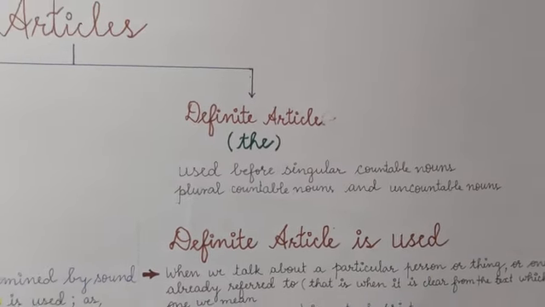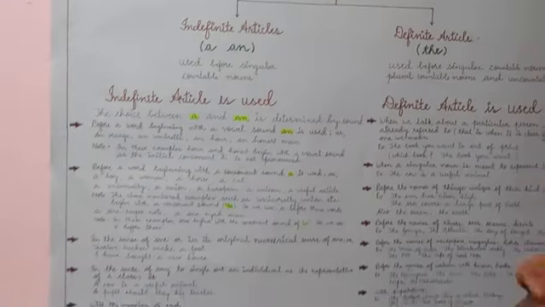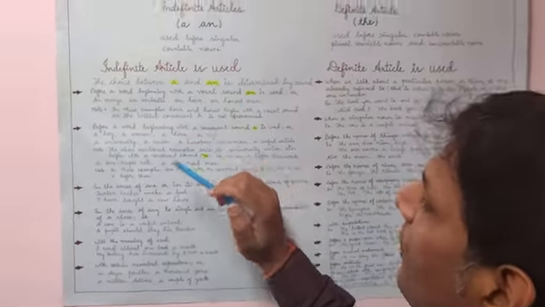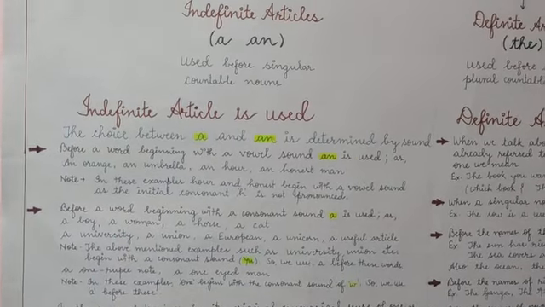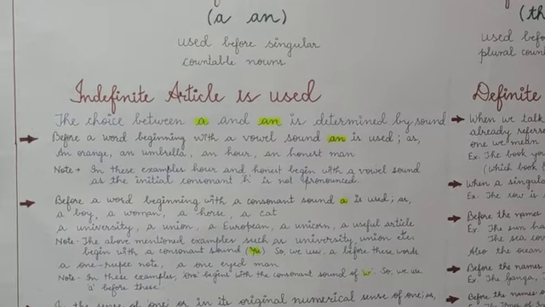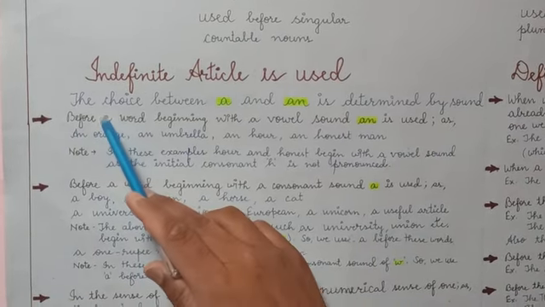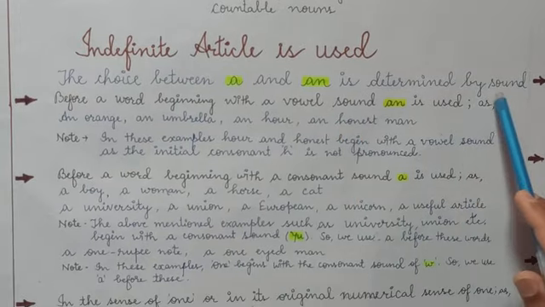Let us see indefinite articles, where indefinite articles are used. First rule, I think in junior classes also you must have been taught. If we talk about indefinite articles, the choice between a and an is determined by sound.